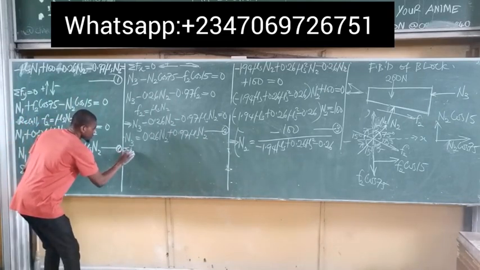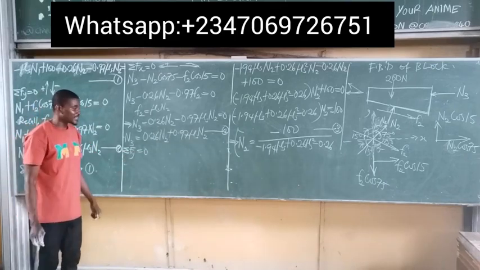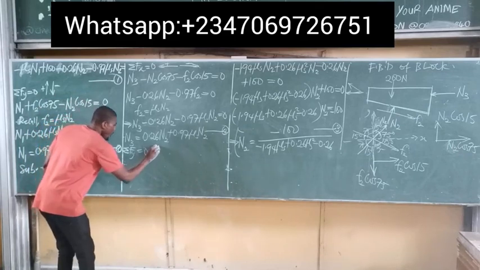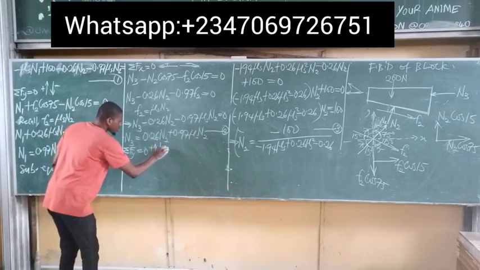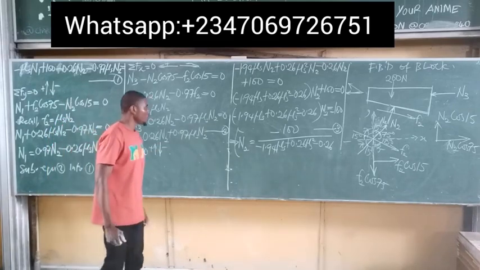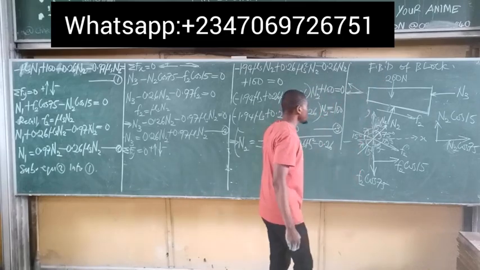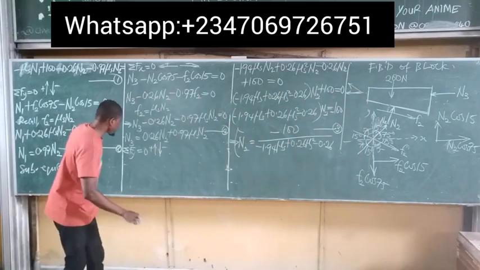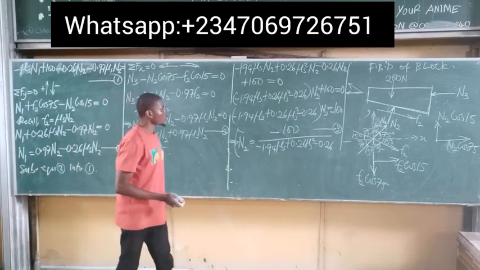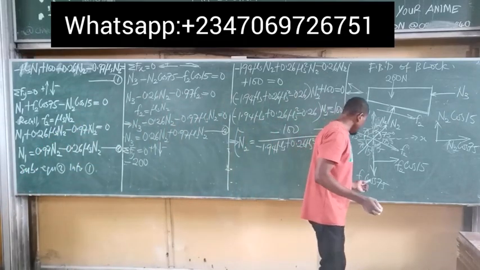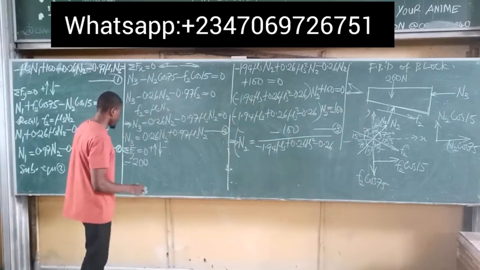Summation of vertical forces, summation Fy is equal to 0. Since motion is neither in the vertical direction, you consider upward force to be positive and downward force negative. I have 200 newtons acting downwards on this block, so minus 200. I also have F2 cos 75 acting downward, so minus F2 cos 75.